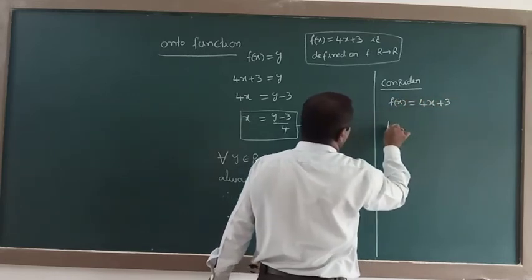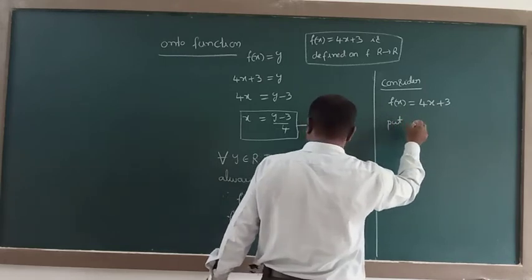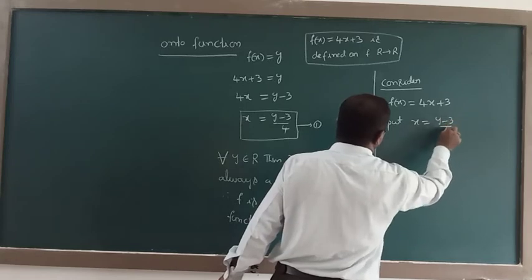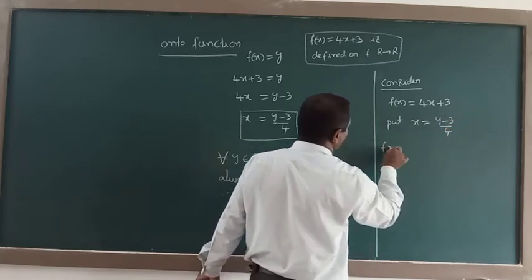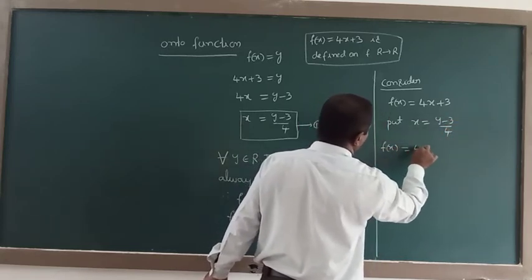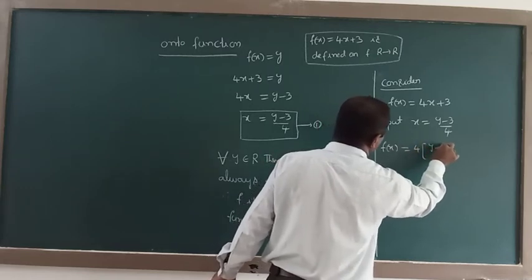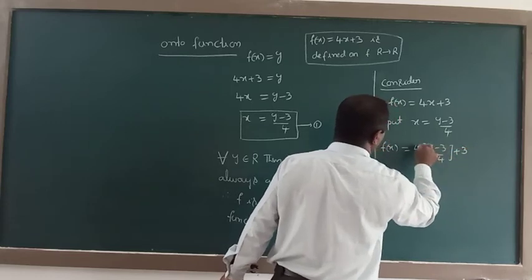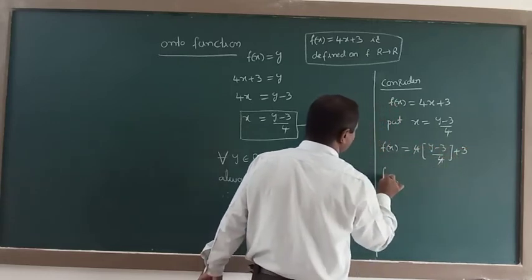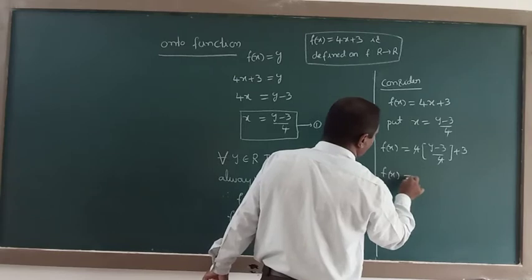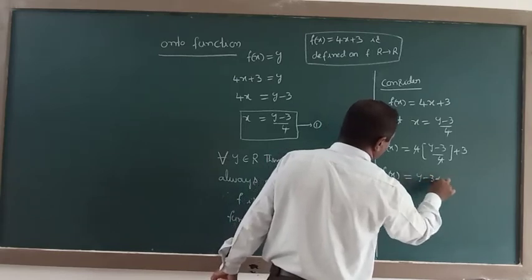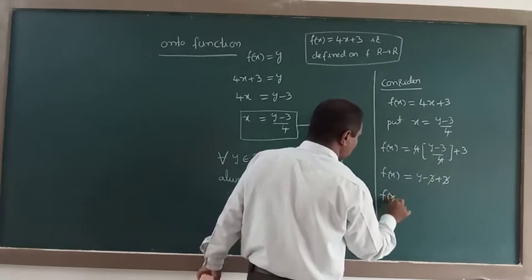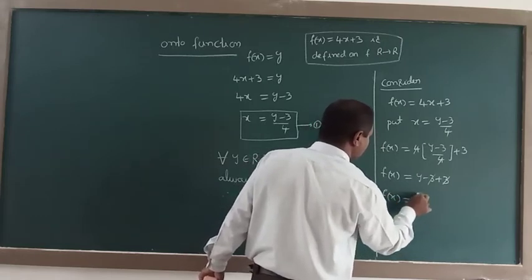In this case put x equal to y minus 3 by 4, that is f of x equal to 4 into y minus 3 by 4 plus 3, and now the 4 gets cancelled. F of x equal to y minus 3 plus 3, minus 3 plus 3 gets cancelled, therefore f of x equal to y.